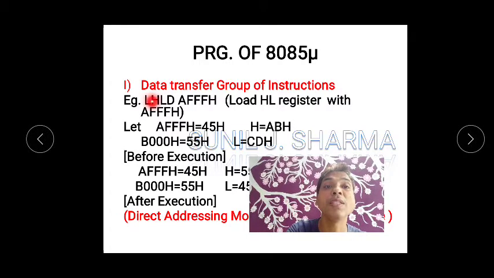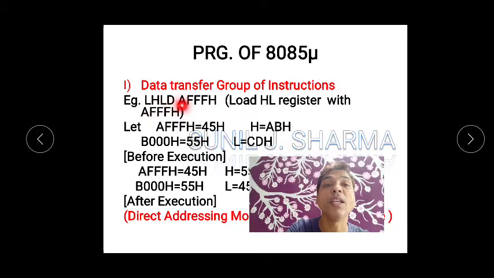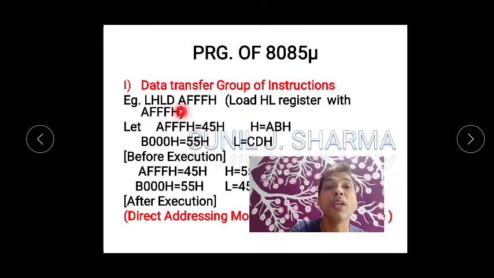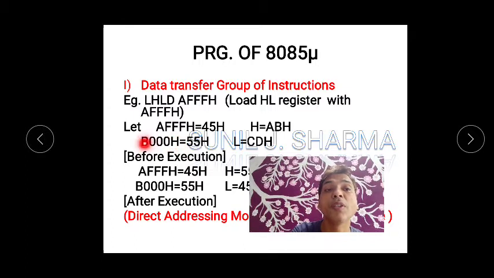Now suppose this is an example: LHLD AFFFH. Load the HL pair with AFFF. This is our address. AFFF is having this value, and immediately after AFFF, what will be the next memory address? B000. That is having this value.